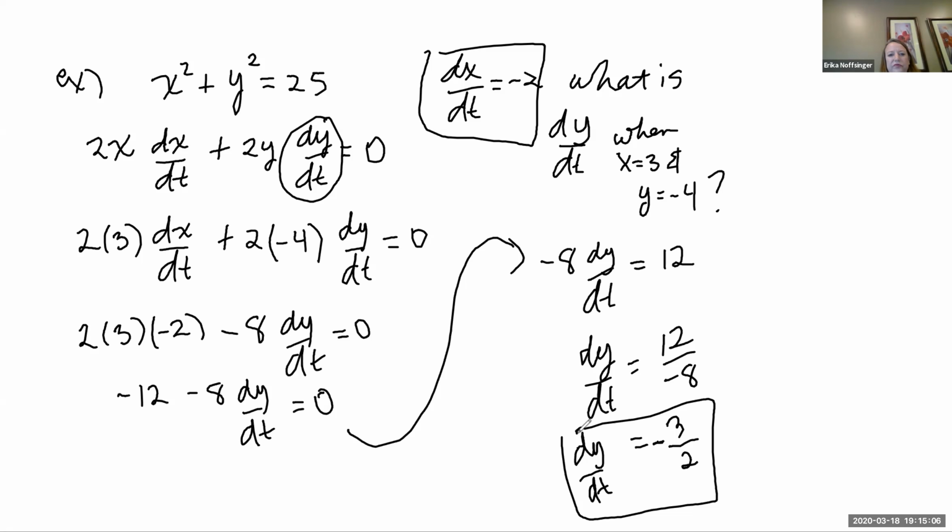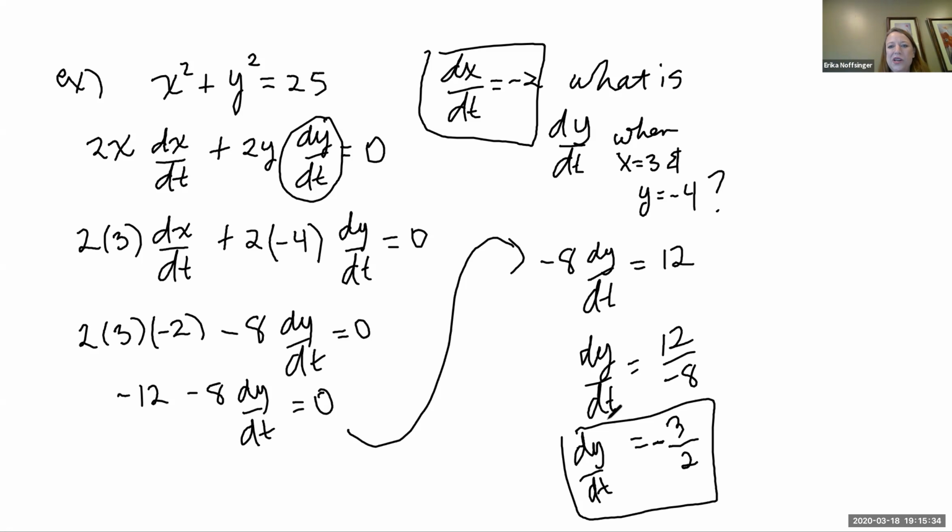Okay. So basically, what is this telling us? Well, what is the equation x squared plus y squared equals 25? We've got a circle, right? A circle centered at 0, 0 with radius 5. It must be spinning at some rate of time.